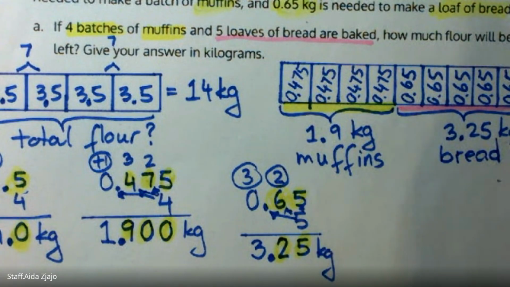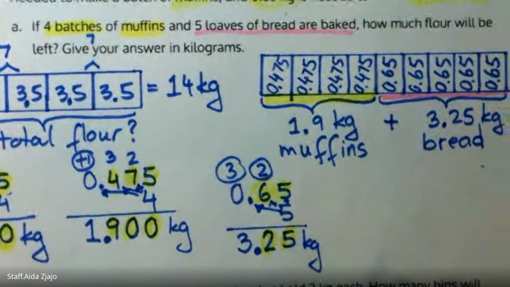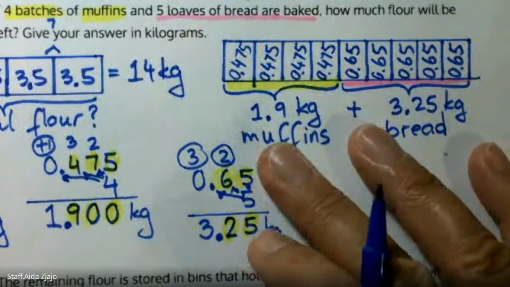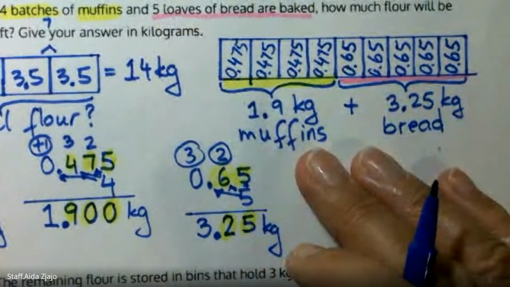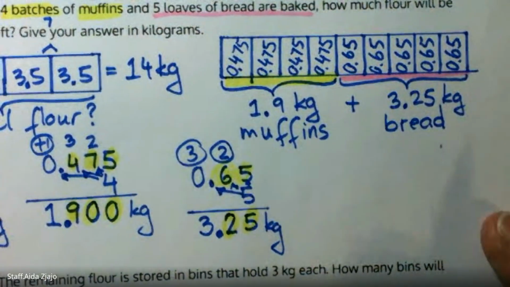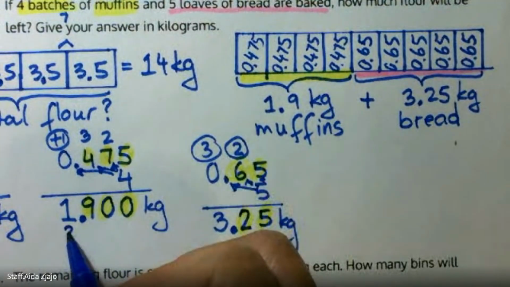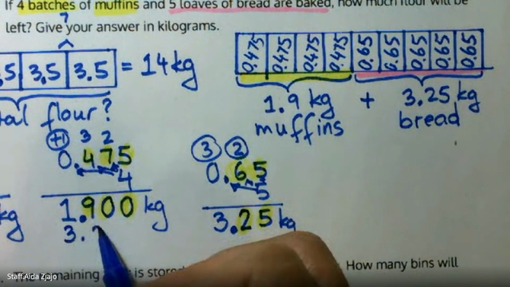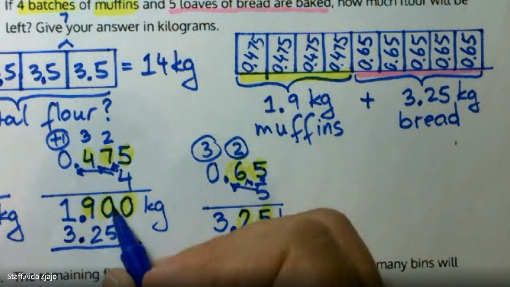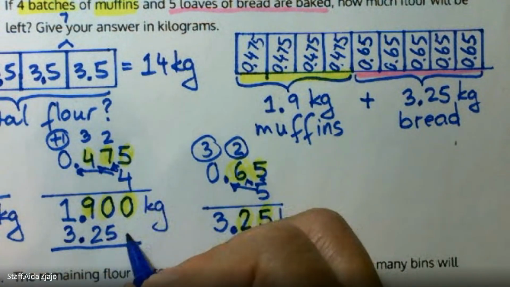Now when we add all this together, we will find the total for bread and muffins. I need space, so I'm going to add 3.25 here. It will help me to add. I could put a 0 there, it doesn't really matter.